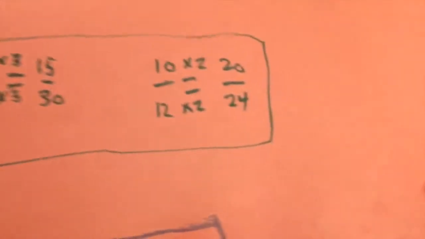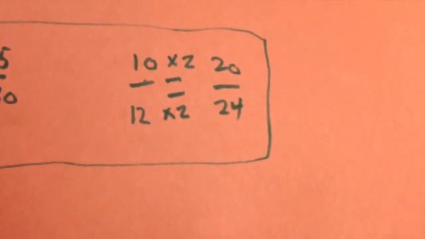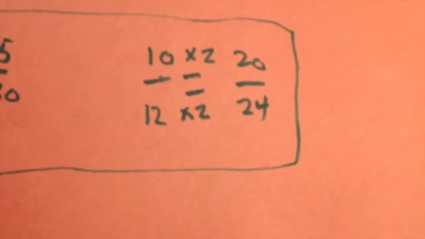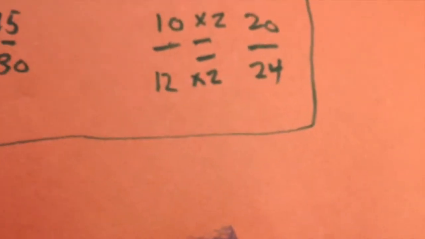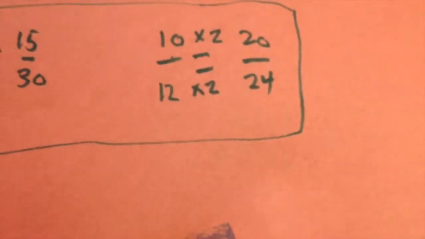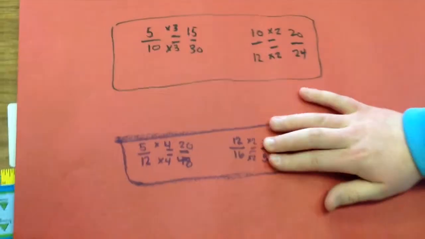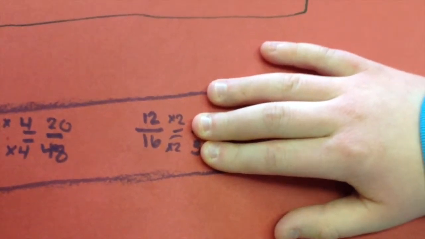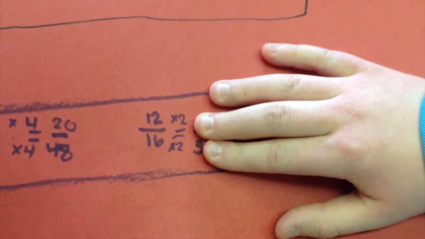Another one is 10 twelfths is equal to 20 24ths. The way we picked the number was 2, so 10 times 2 is 20, and 12 times 2 is 24. So it's 20 24ths. 12 sixteenths is equal to question mark.